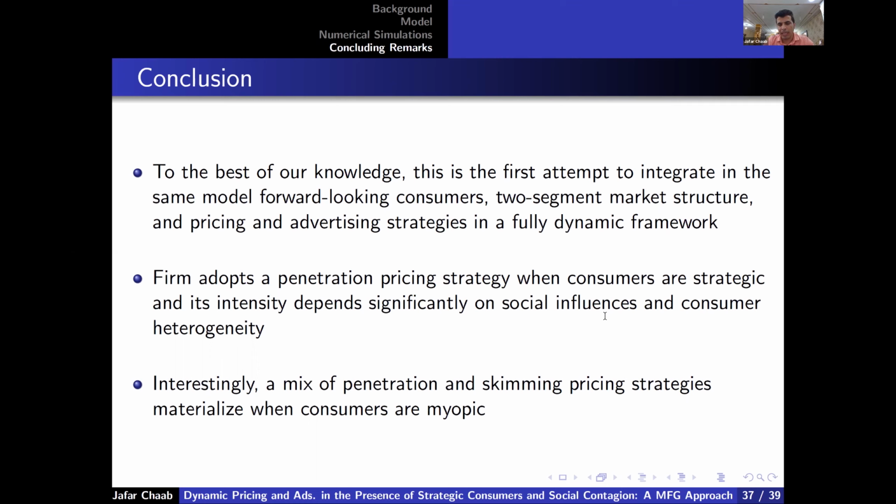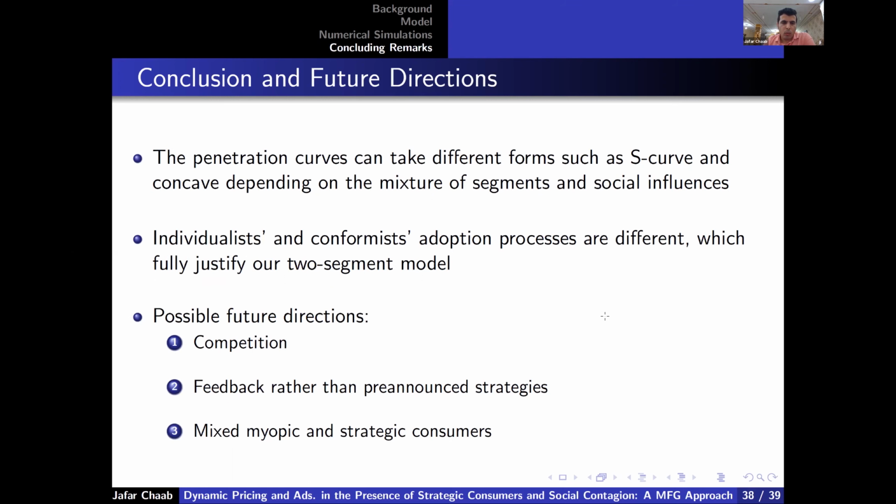A mix of penetration and skimming pricing strategies is optimal when consumers are myopic. We also have observed that the penetration curves can take different forms depending on the mixture of segments and social influences, and that the individualist and conformist adoption processes are different, which fully justifies our two-segment model.